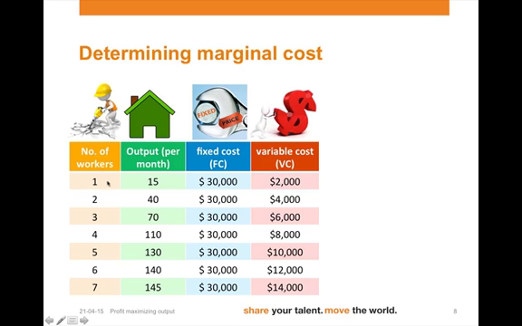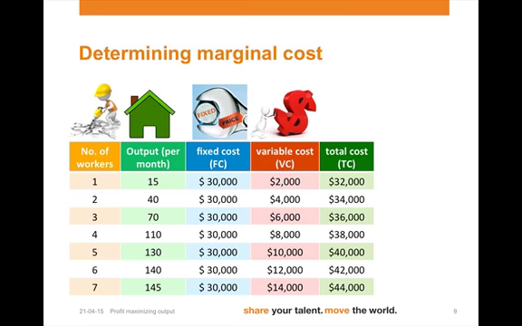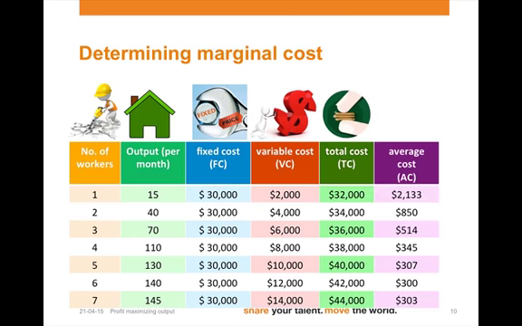One worker will cost us $2,000. That brings our total cost to $32,000. If we then calculate the average cost, we can see that the average is found by dividing total cost by the output per month.